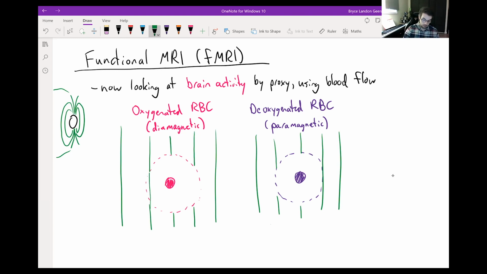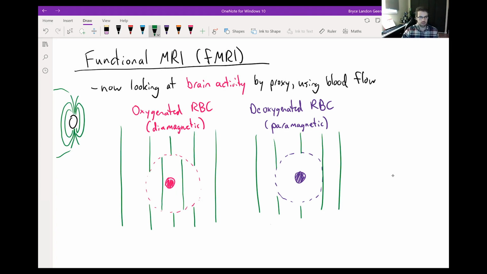So if there were no interaction between the red blood cell and the magnetic field, we would just see these 3 field lines continue, right? It just wouldn't disturb the magnetic field. But because the oxygenated red blood cell and hemoglobin are diamagnetic, the magnetic field is actually weakened within the field of influence of that red blood cell.